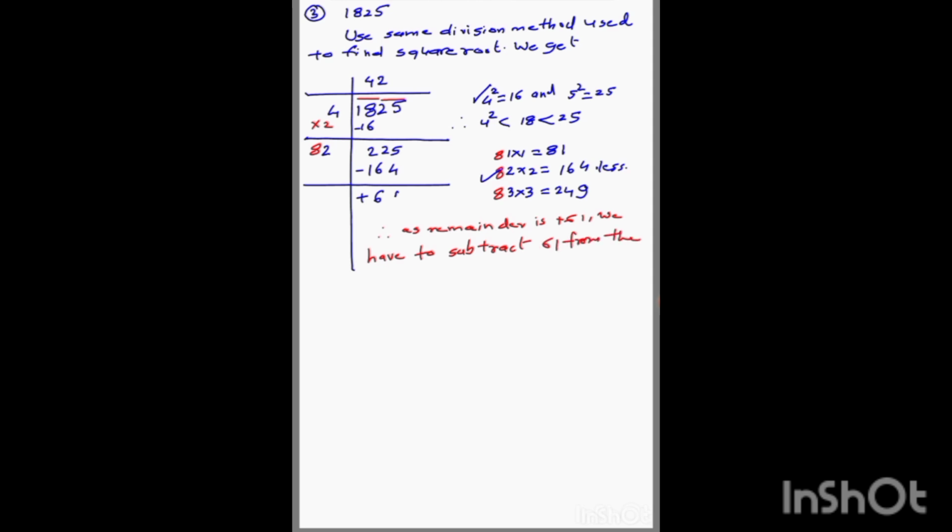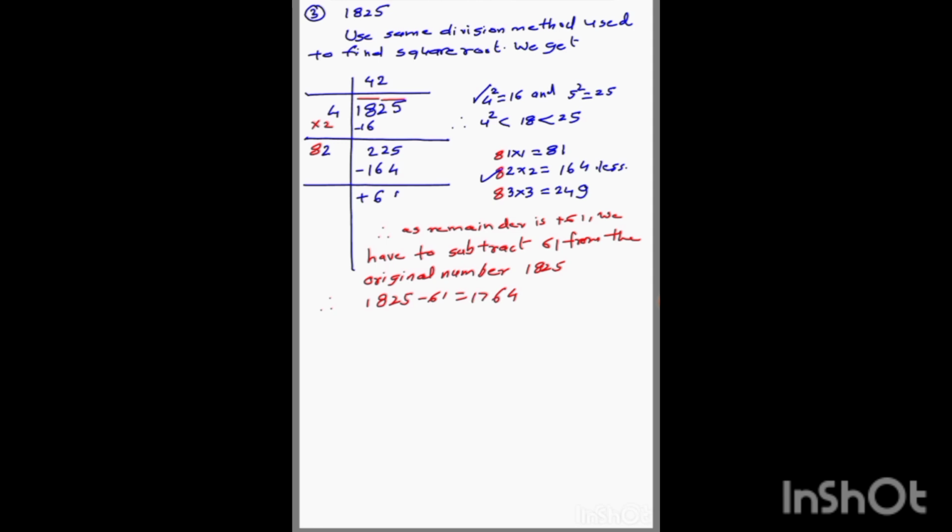You understanding the meaning of this? So subtract this from the original number 1825 and the number you will get will be a perfect square. So 1825 minus 61, remember this. So we are carrying it out here. 1825 minus 61 is 1764.